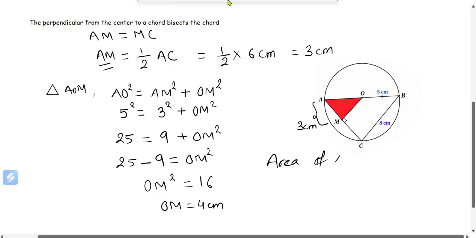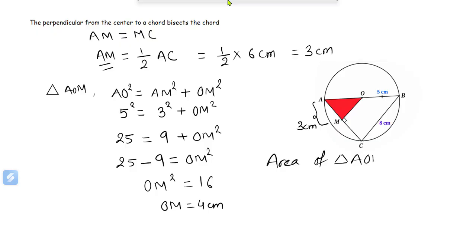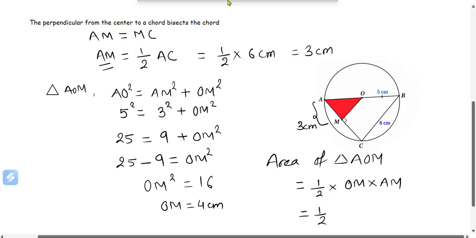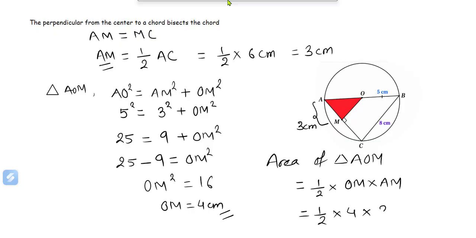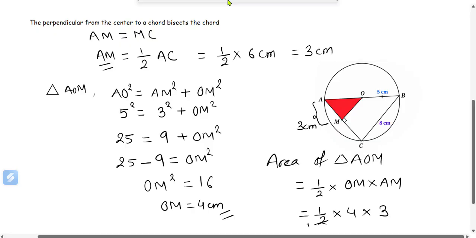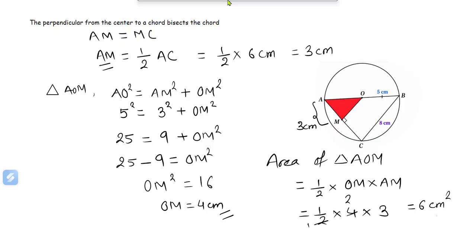Area of triangle AOM is equal to half, where height is OM and the base is AM. The value of OM is 4 centimeter and the value of AM is 3. So you can cancel 2, and 2 times 2 is 4, so the area is equal to 6 square centimeter. So that is the area of triangle AOM.